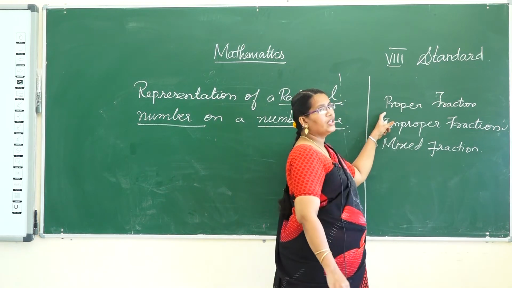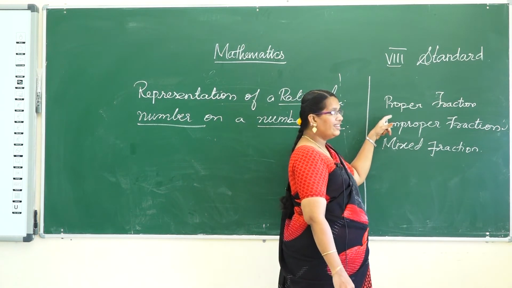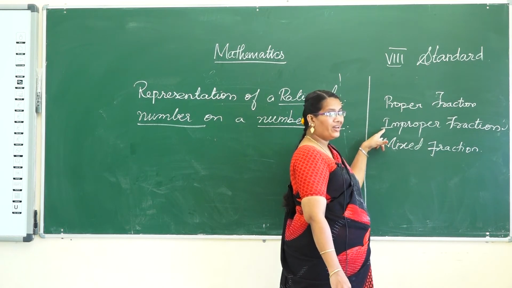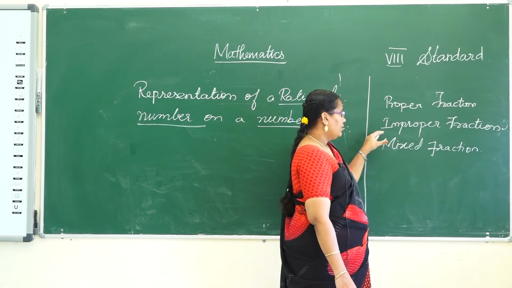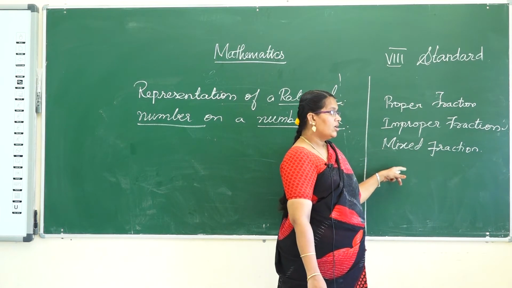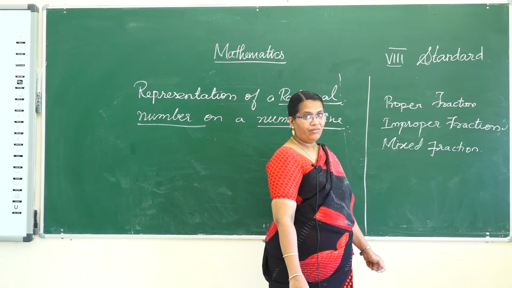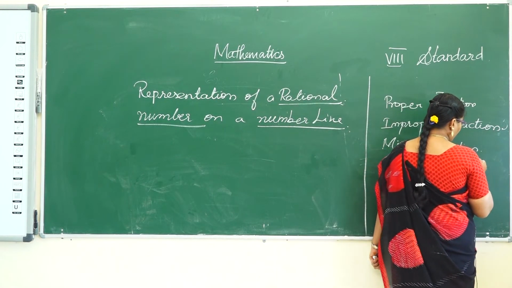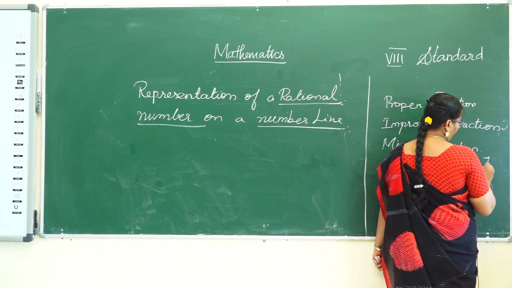Proper fraction means the numerator is smaller than the denominator. Improper fraction means the numerator is greater than the denominator. And mixed fraction means a whole number with an improper fraction.